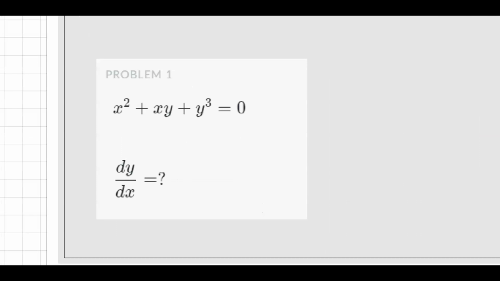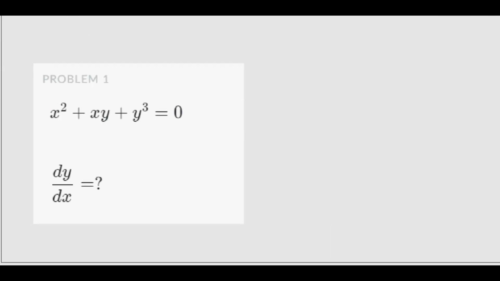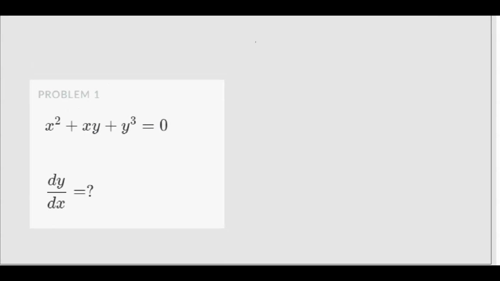So let's look at an implicit problem that is relatively simple. So we have x squared, which we know its derivative to be 2x. And then inside here, we have two terms being multiplied together. So this is a product rule.